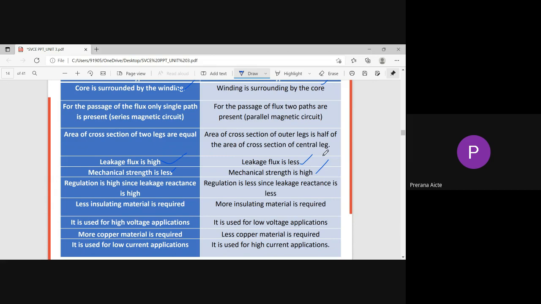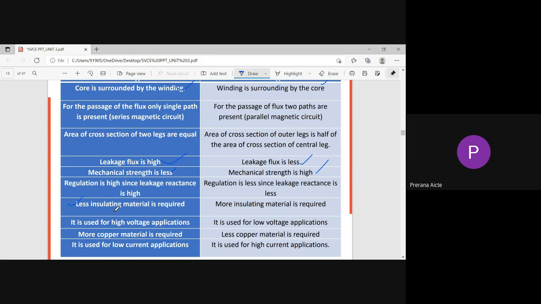And also, the insulation requirement is less in the case of the core type transformer. Why? Because in the core type transformer, we first cut the LV winding and HV winding into two equal halves. Nearer to the core we place half of the LV winding, and on the LV winding the remaining half, the HV winding, is placed.